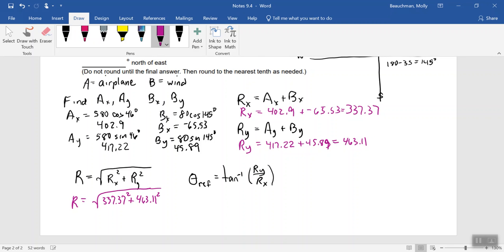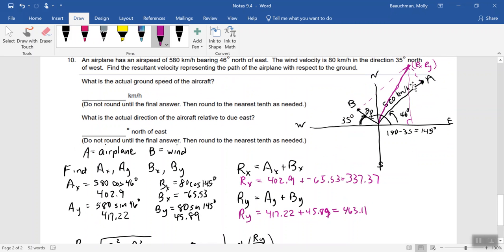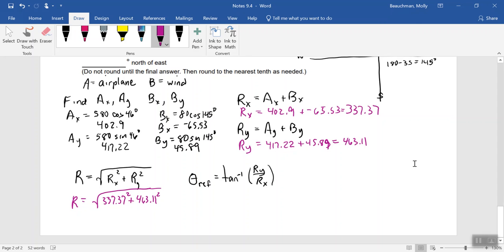The x and y coordinates are both positive, which makes sense if you look at our picture. Our resultant vector is in the first quadrant. So when we throw that in the calculator, we end up with 572.97.